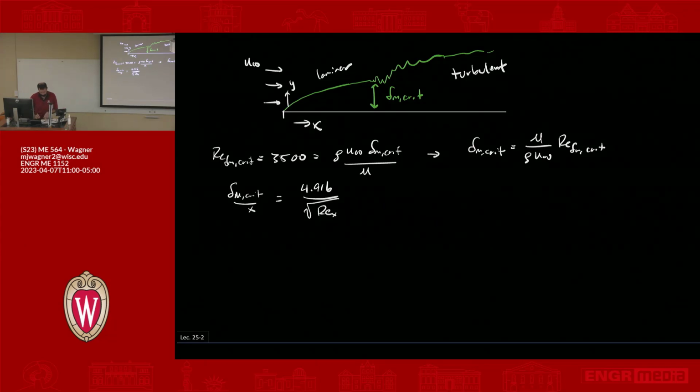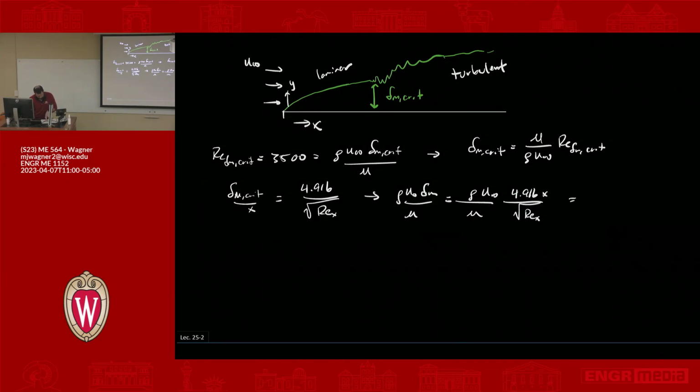Okay, so just doing the algebra here, let's write this out. I'm going to use this relationship and say rho times u infinity delta m over mu. So this would be rho u infinity over mu times this substitution, 4.916 times x over the square root of Reynolds x.